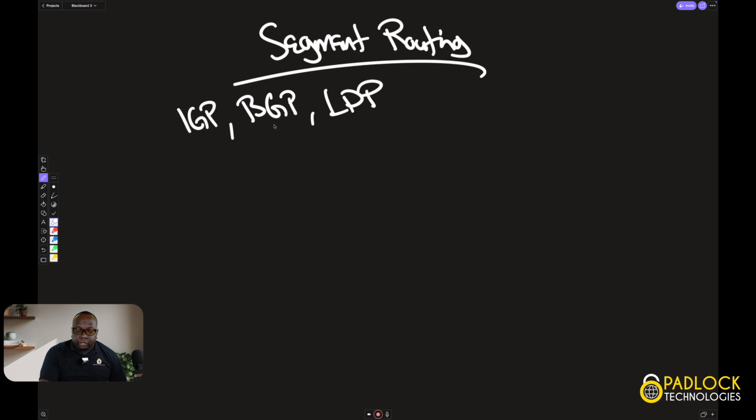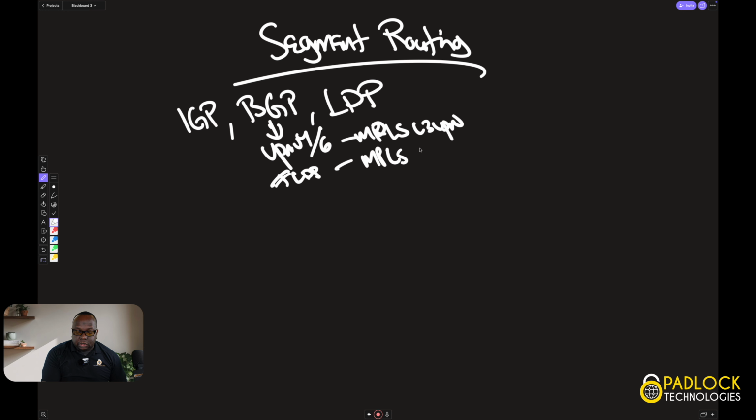Now, from the BGP standpoint, you're going to have either VPNv4 or 6VPE if you're doing MPLS L3 VPNs, and then you're just going to have targeted LDP if you're going to do MPLS L2 VPNs. But you still need to use LDP in this function, unless you're using, like I did in the last videos, MPLS TE, which is going to use RSVP.